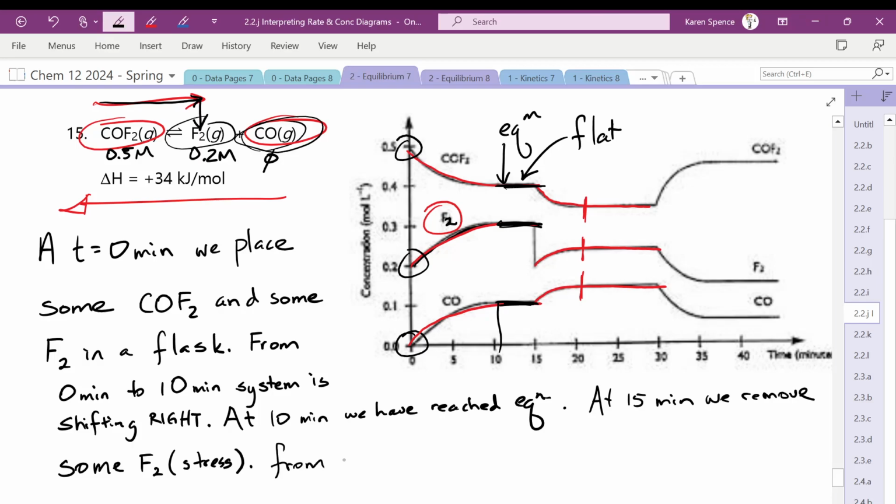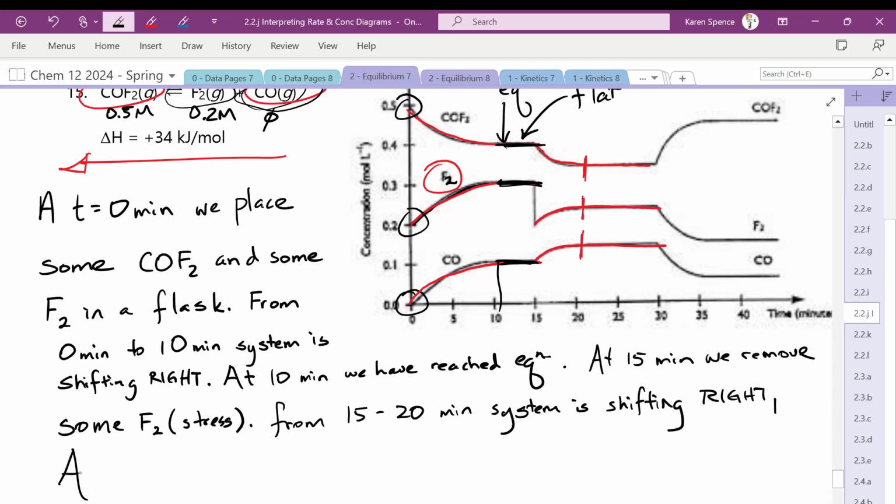So from 15 to 20 minutes, the system is shifting right because we're making F2 and CO and we're using up COF2. At 20 minutes, we reach a new equilibrium.